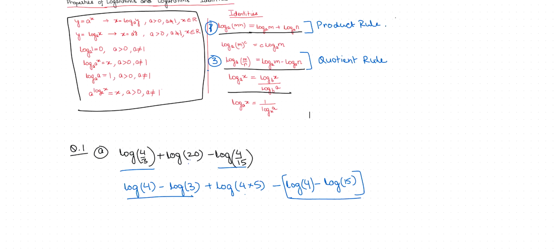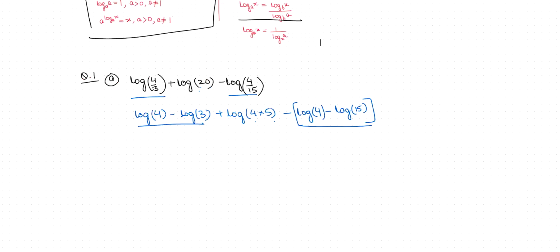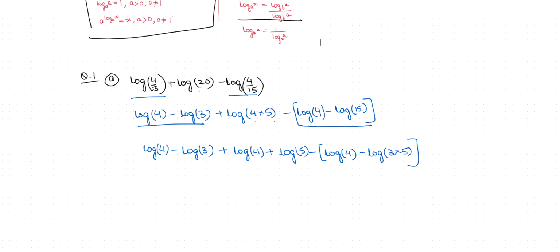Now we will use the product rule. So this log of 4 times 5, we converted into log 4 plus log 5. And we have to remember that in all these cases, the base must be the same. So here the base was 10. Only then can we use the product and quotient rule.